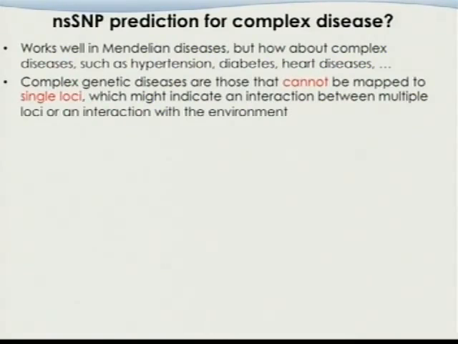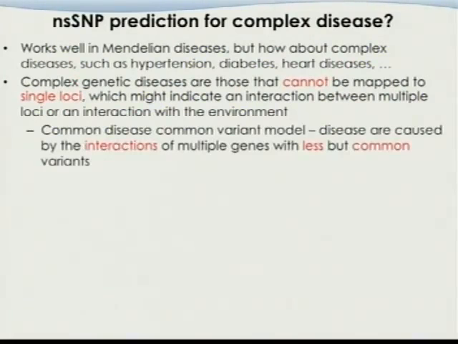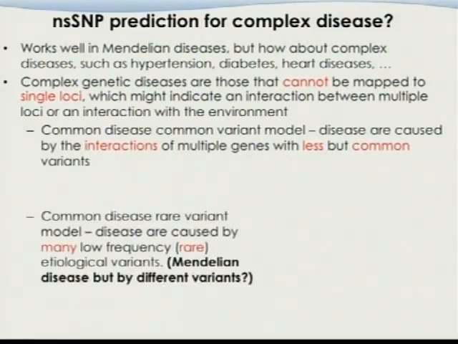Complex genetic diseases are those that cannot be mapped to single loci, which might indicate an interaction between multiple loci or an interaction with the environment. And so there are two different models of this. The first one is the common disease, common variant model. And the second one is the common disease, rare variant model, right? For GWAS, most studies are based on the common disease, common variant model.